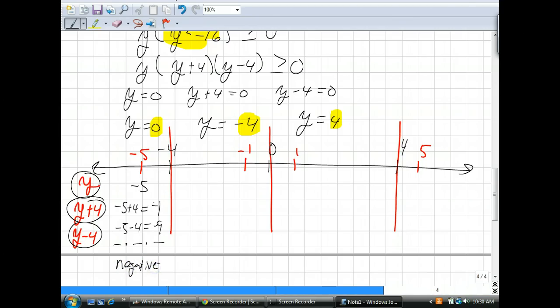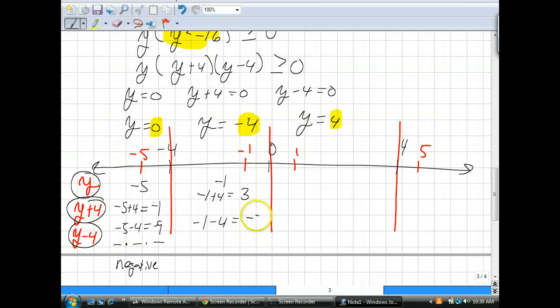Then I go to the next interval and I do the same thing. -1, and then -1 plus 4 is going to give me a positive 3, and -1 minus 4 is going to give me a -5. So what I have is a negative times a positive times a negative. So that's going to be a positive number.